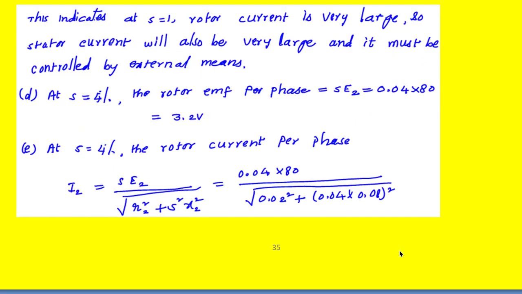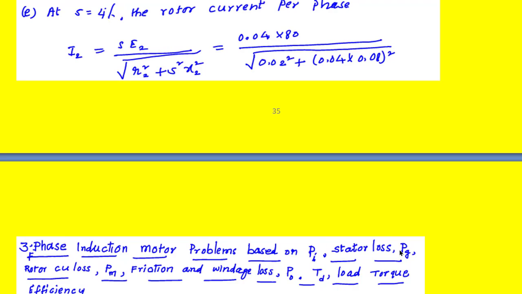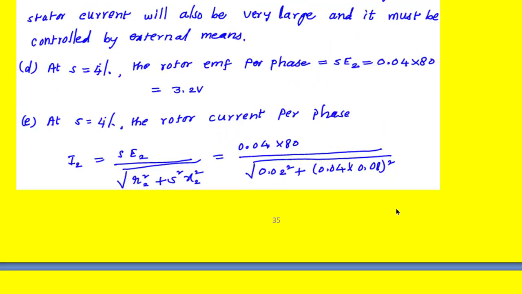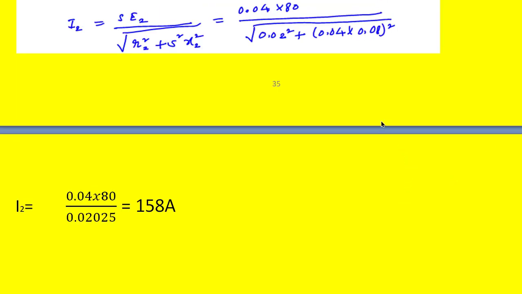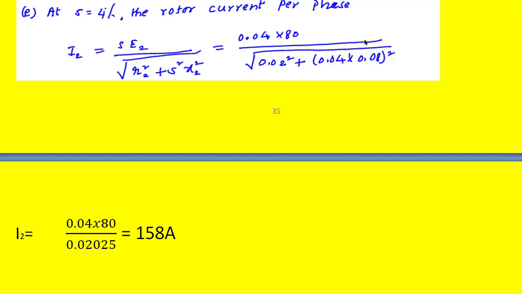Once we simplify this equation, we get the rotor current at slip 4% as approximately 158 amperes.